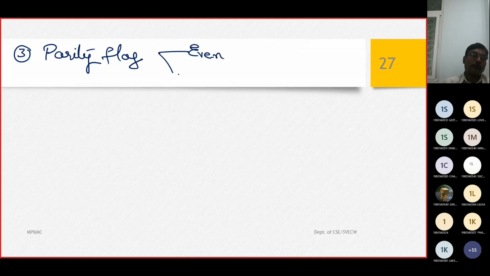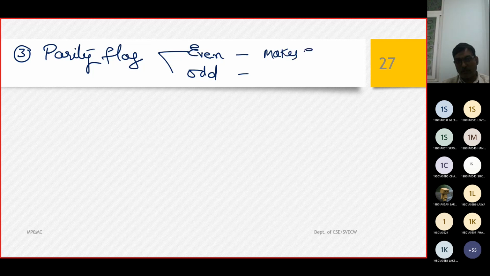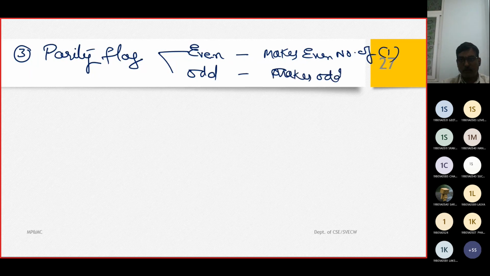One we call even parity, another we call odd parity. Even parity makes an even number of ones, and odd parity makes an odd number of ones.